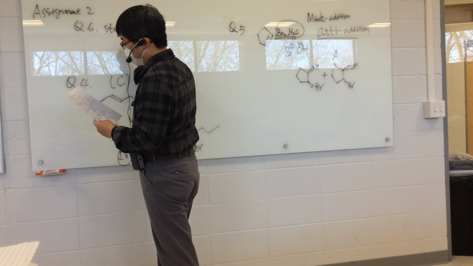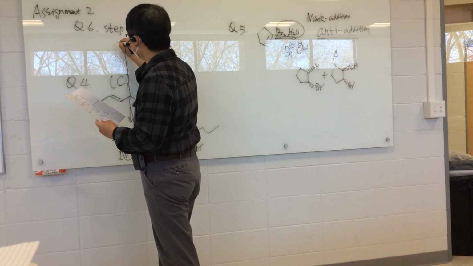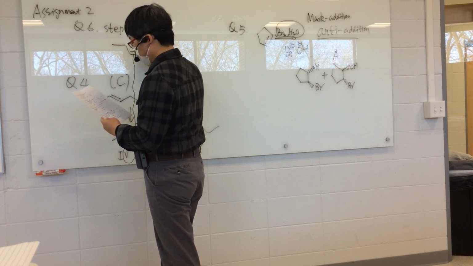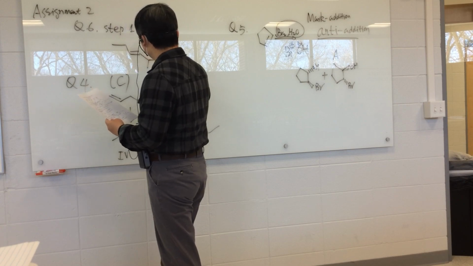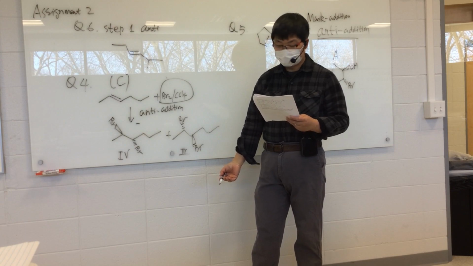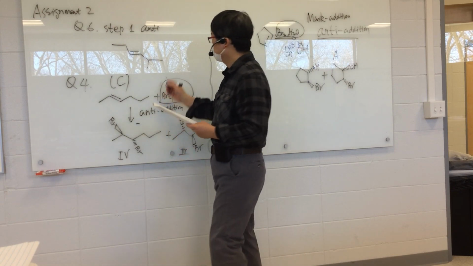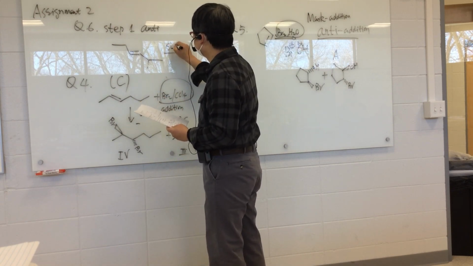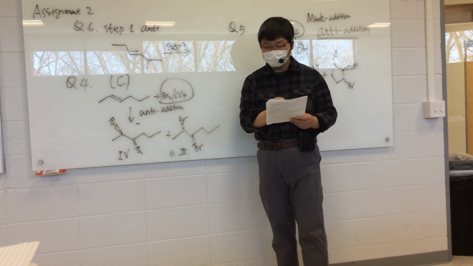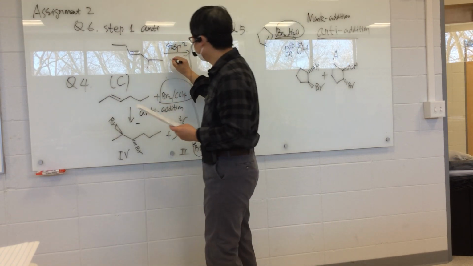Then we get, you see, trans. They should be trans. This is step 1. And then step 2, you see that the second step uses what? It uses a carbene, right?